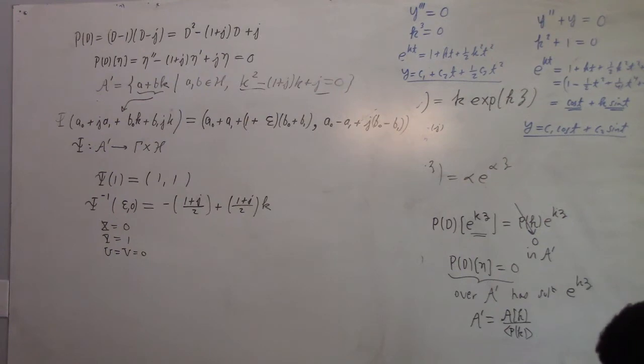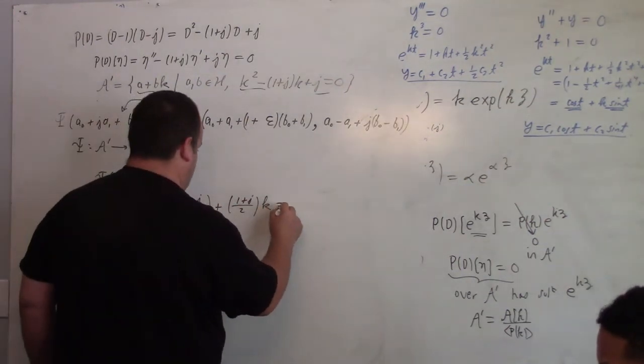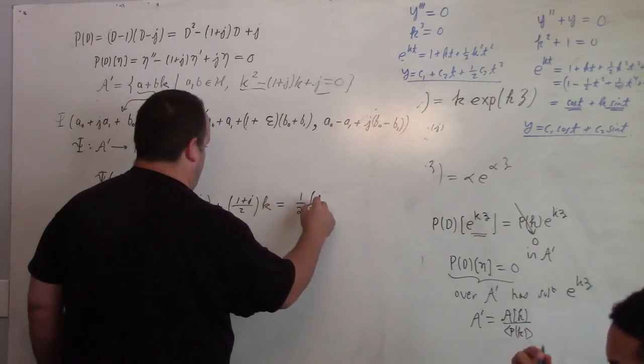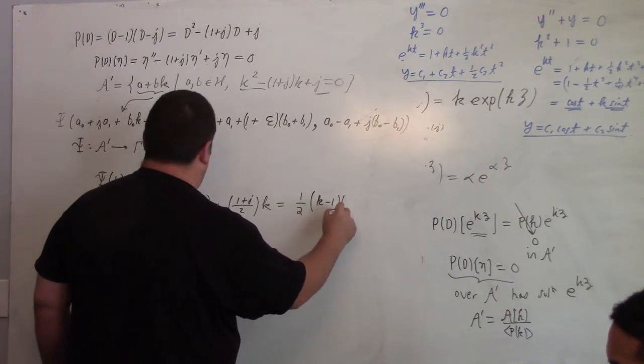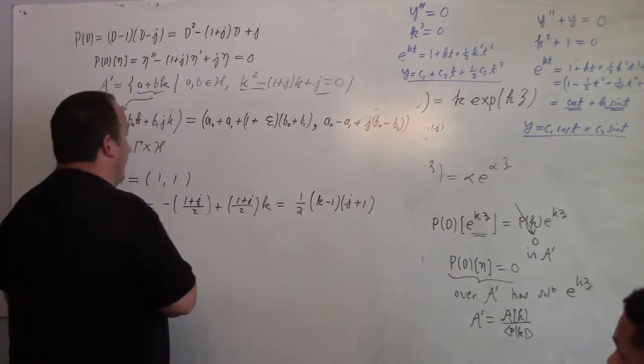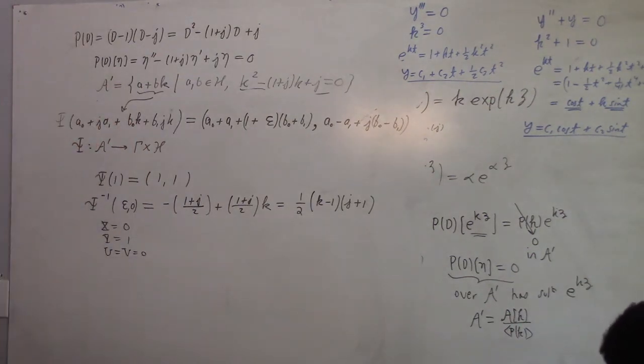I think that should be it. In other words, it's 1/2 of k minus 1 times j plus 1. This is the element.